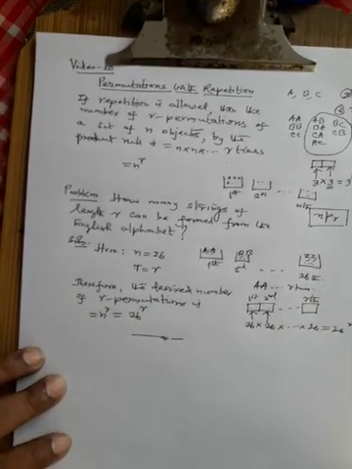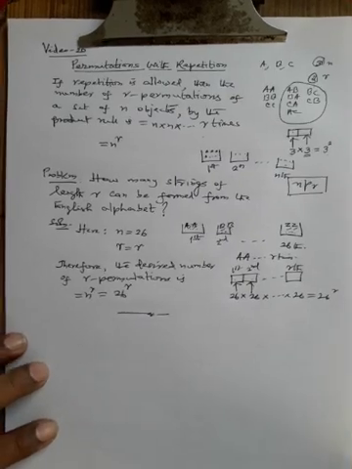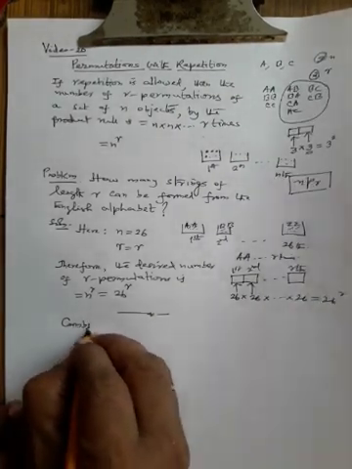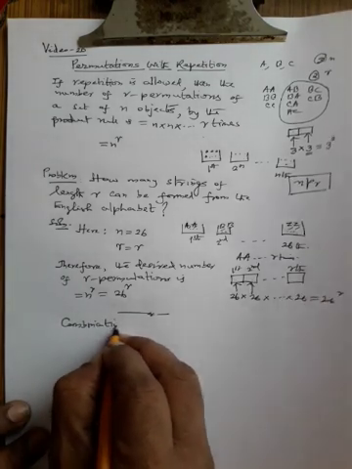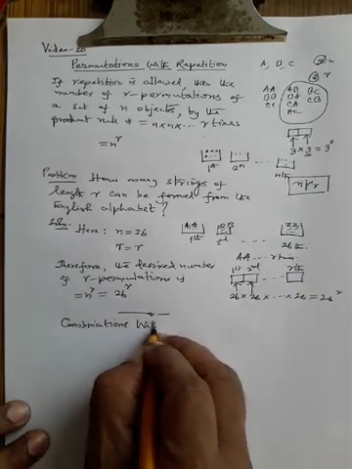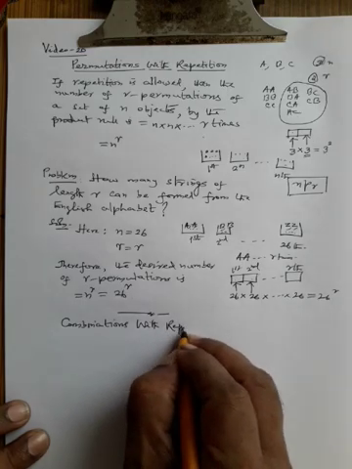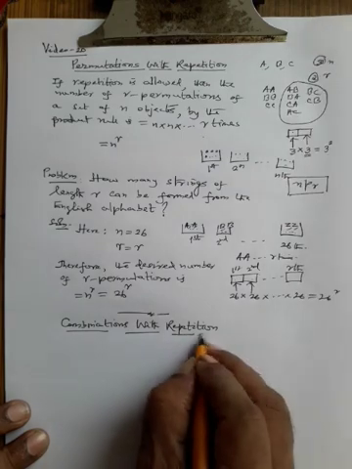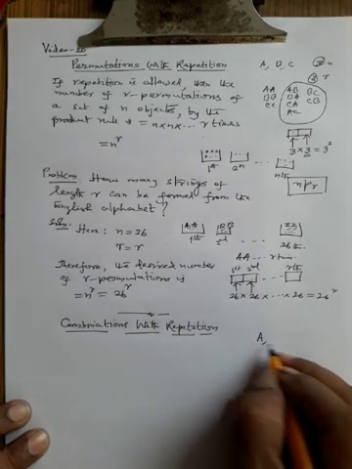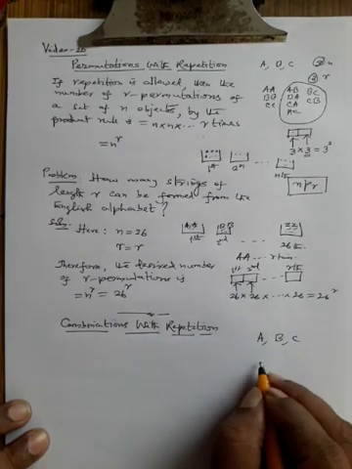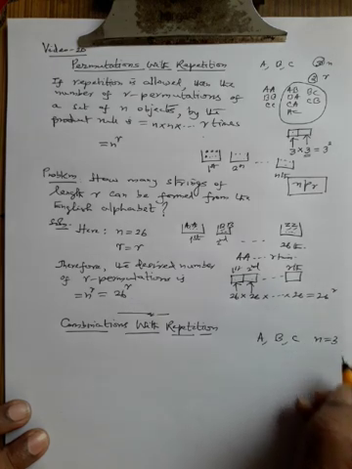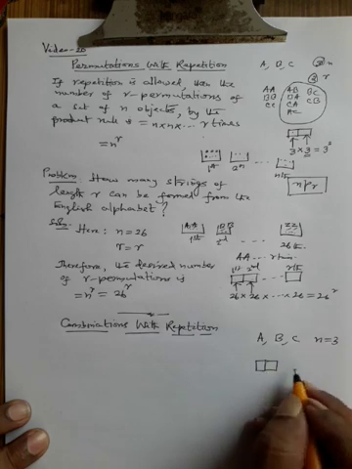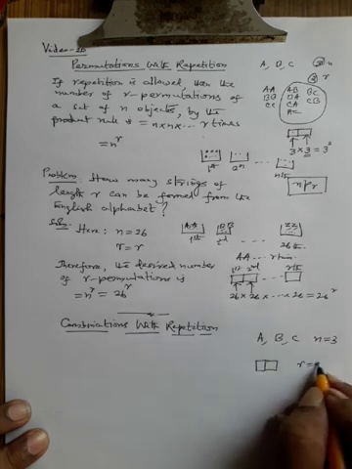The important concept is combinations with repetition. For example, if you have three objects, n is equal to 3, and we have to select two objects only, r is equal to 2.